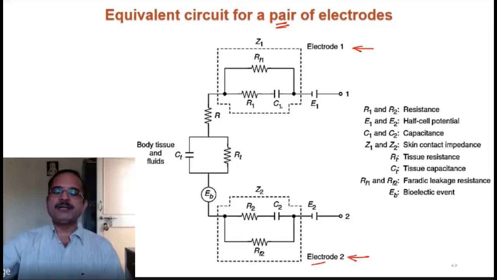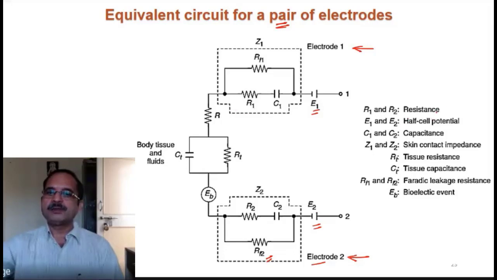Otherwise it is similar. So R1, C1 are the resistance and capacitance. RF1 is the Faradic leakage resistance, and RF2 is the Faradic leakage resistance for electrode 2. E1 and E2 are the corresponding potentials for these electrodes. As listed here, R1, R2 are the resistances, E1 and E2 are the half cell potentials corresponding to those two electrodes, and C1 and C2 are the capacitances.